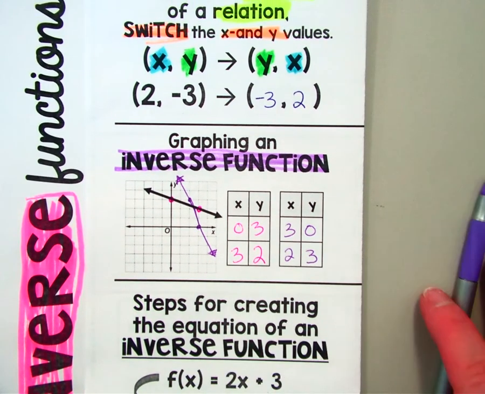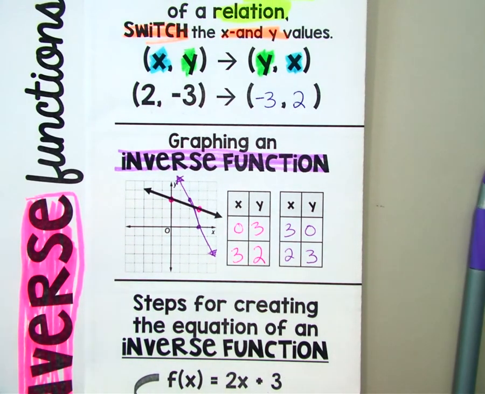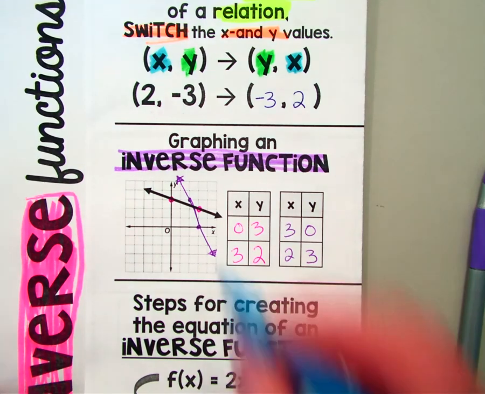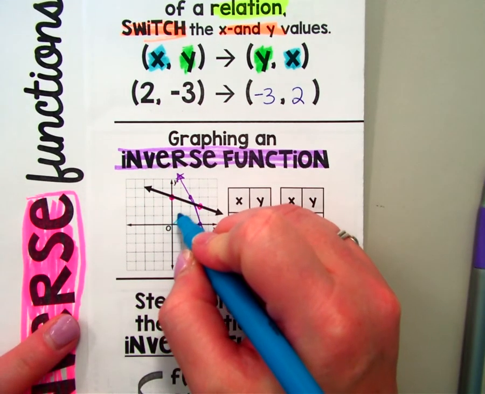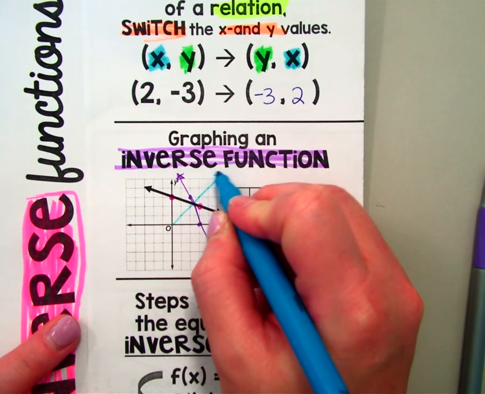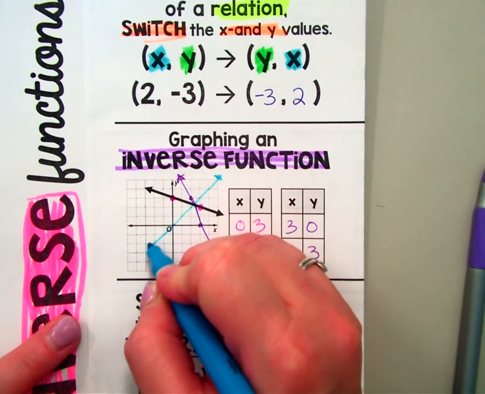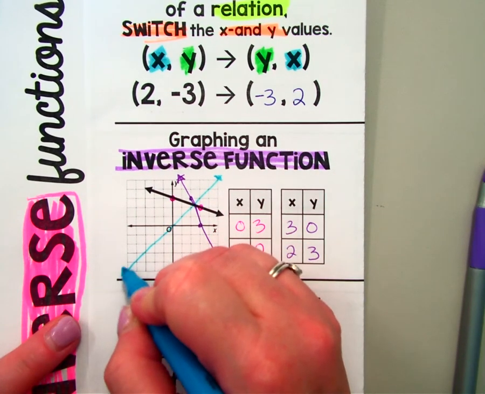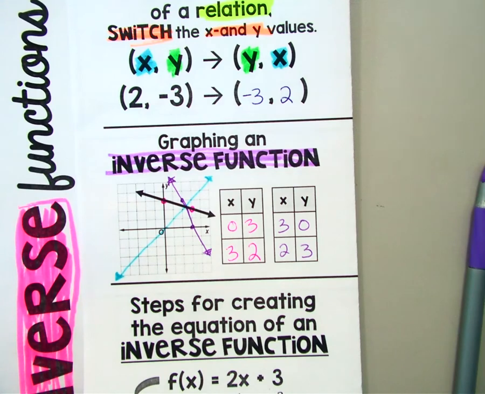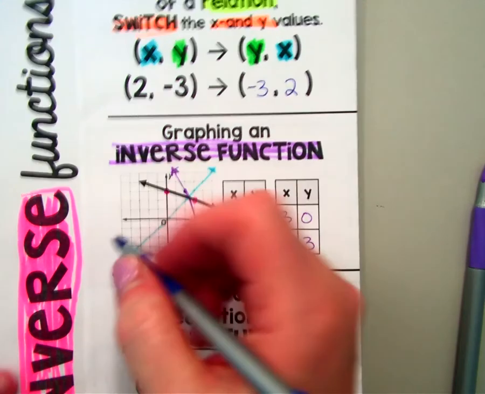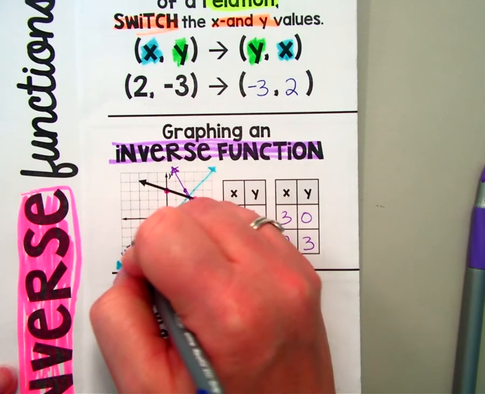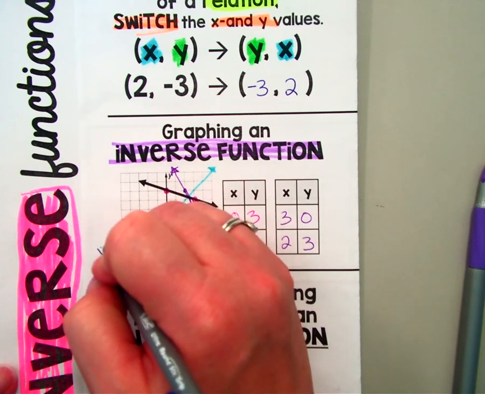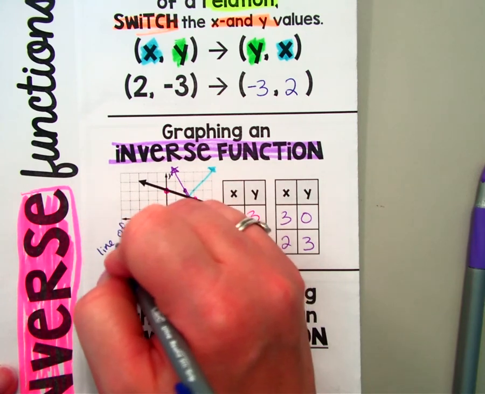So what we're actually doing when we flip those points is this line right here. That line right there is the line y = x. We refer to that as the line of inverse.